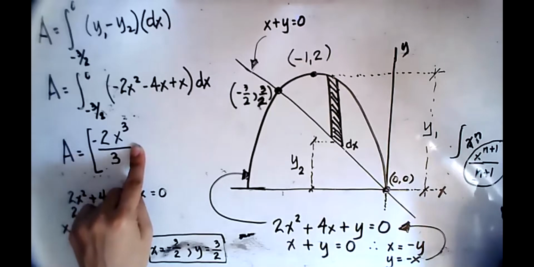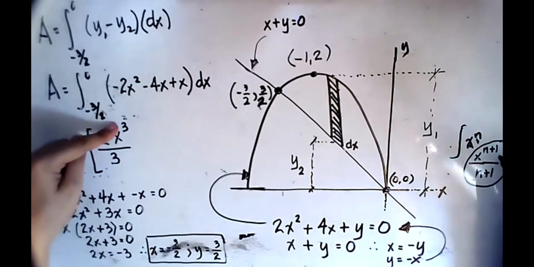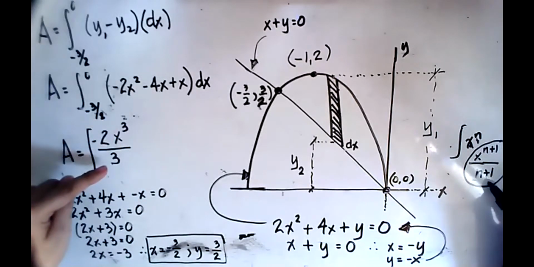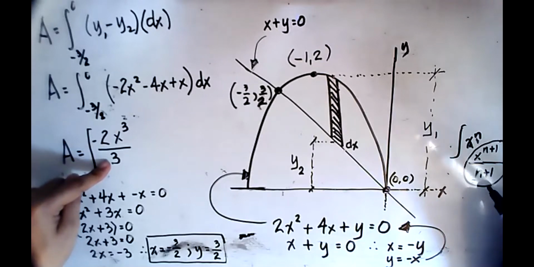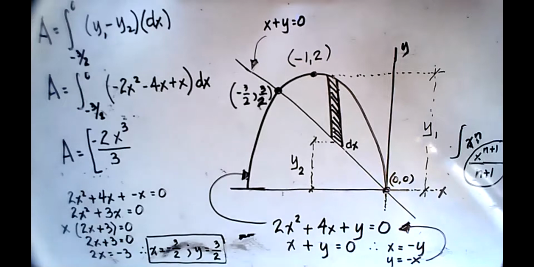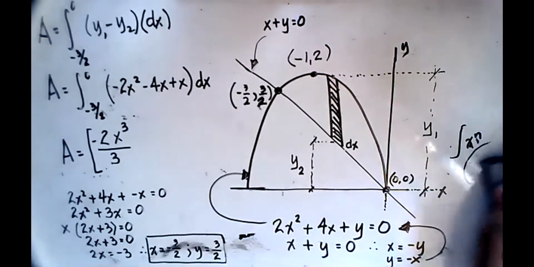You just add 1 to the exponent and then make n plus 1 the denominator. Okay, so that's the integral. If you're going to go back to your formula corner, that's the integral.